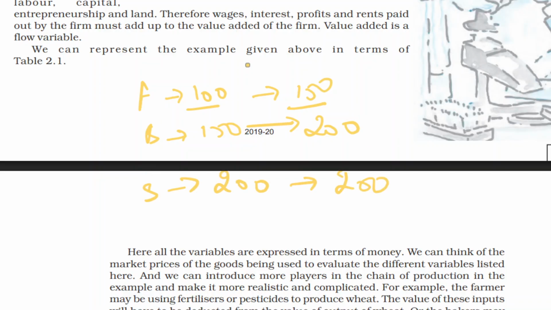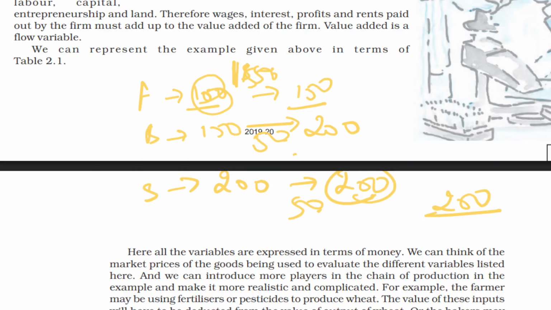So what does each add? 50 rupees added here, 50 added here, plus 100 rupees of cost for the farmer which was added. So 150 total added here, right? So 150 plus 50 plus 50 gives you 250. Either add the value added or take only the final output which is the end result to the consumer. Both will remain the same, right?